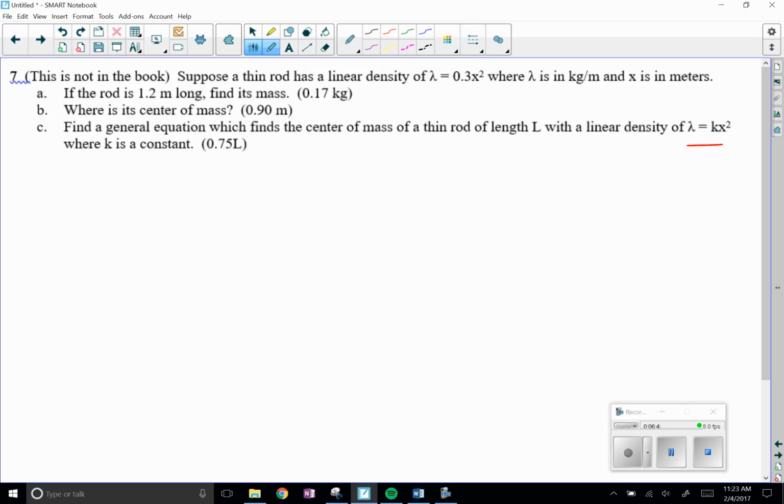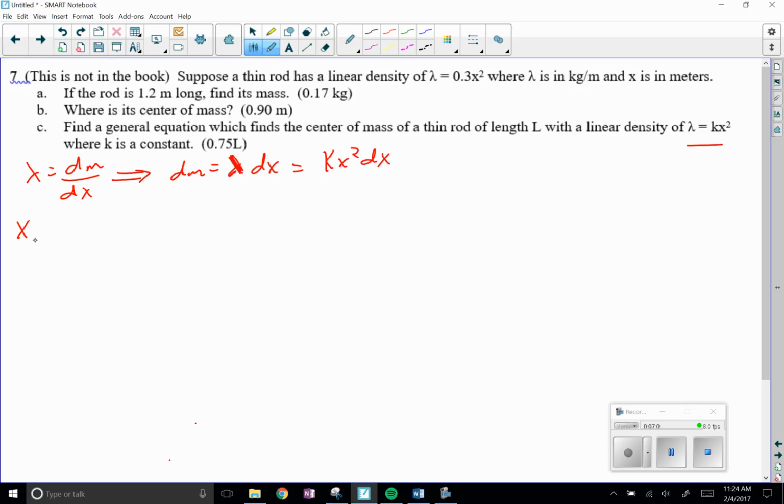So here's what I know. My linear density is the amount of mass per unit length, which means that dm is lambda dx. This is a lambda here. And so lambda is kx squared.